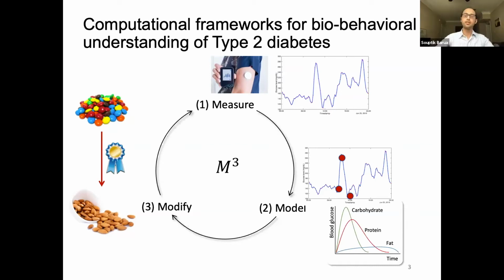Right. So this exact work that I'm talking about is being done in collaboration with Sansum Diabetes Research Institute, who work with food insecure Hispanic Latino neighborhoods in California, specifically Santa Barbara. So these are individuals who are food insecure, so food security is not there in these populations.